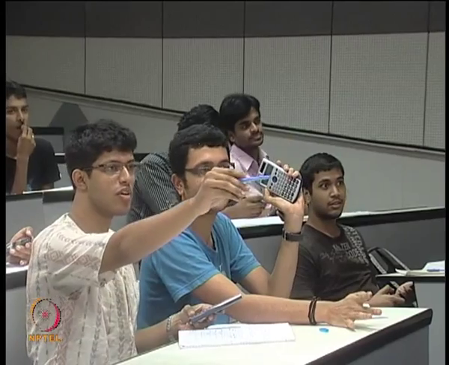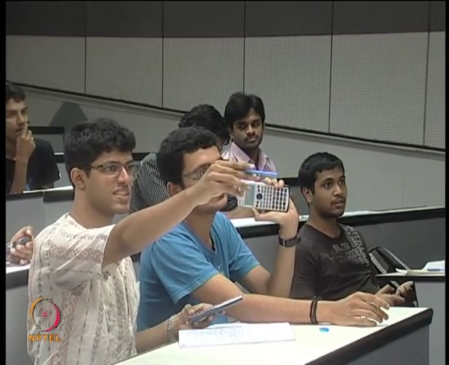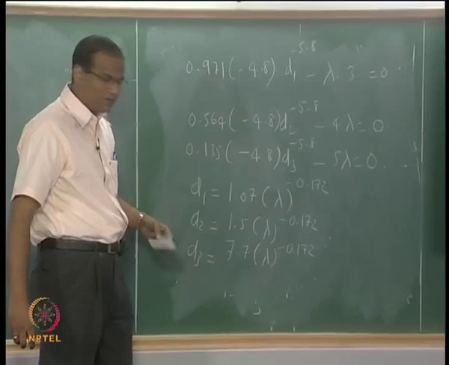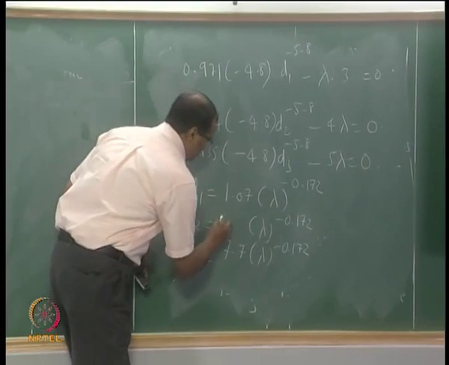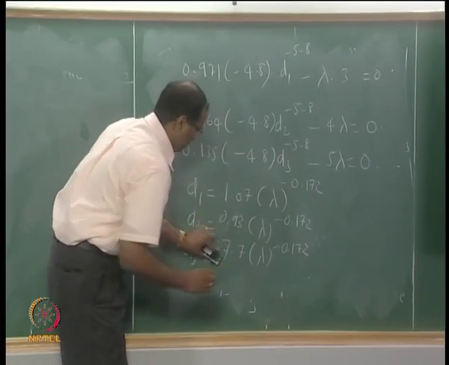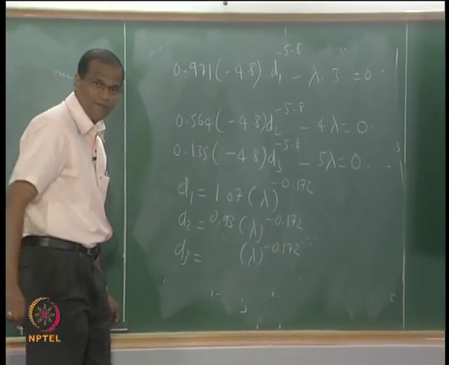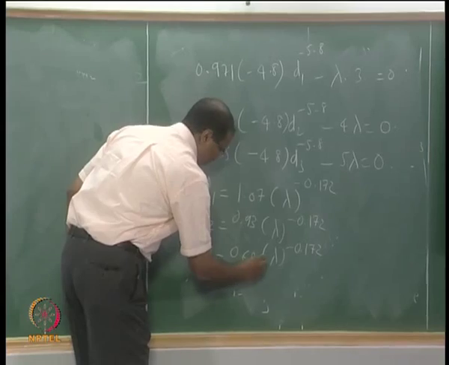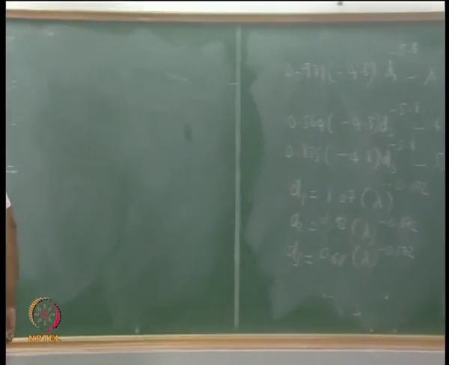What is D1 finally? The coefficients over there are not correct. 1.07 is the first one. The second one 0.93. Okay. 0.68. Yeah, so there is a mistake here.